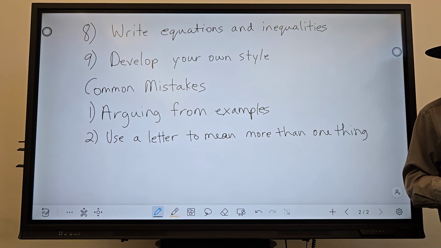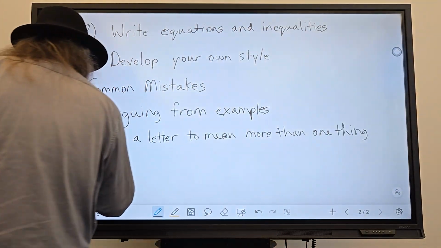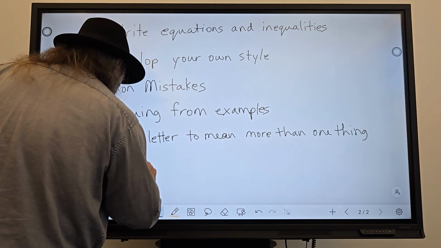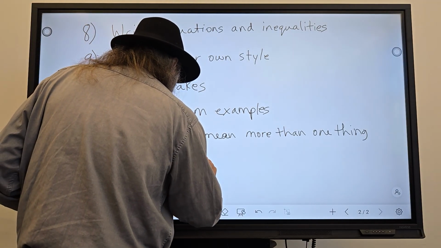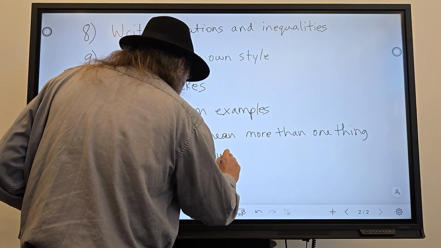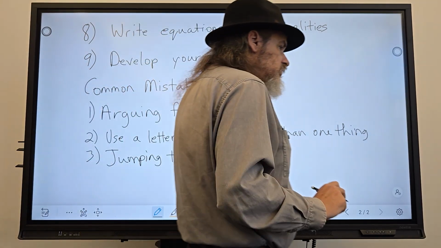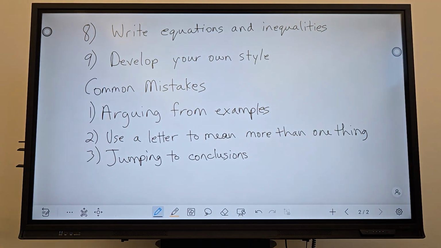Let's see here, jumping to conclusions. I think we covered this one before. Jumping to conclusions is when you allege the truth of something without giving an adequate reason.